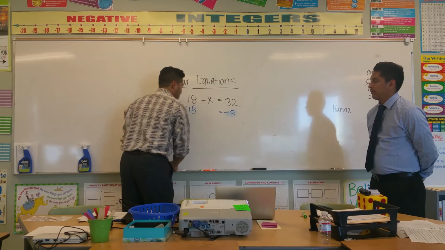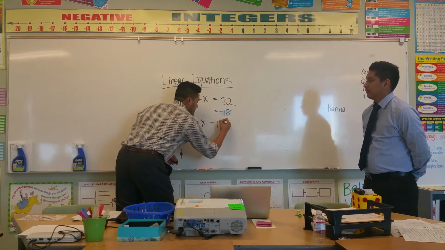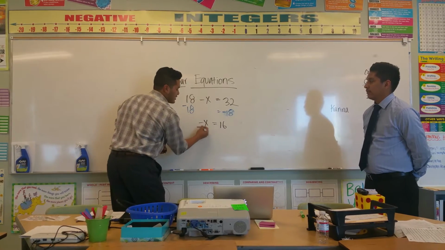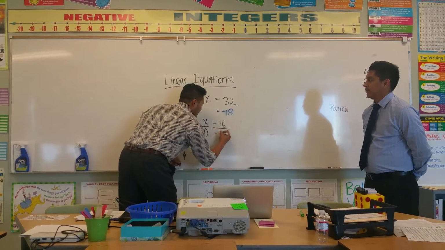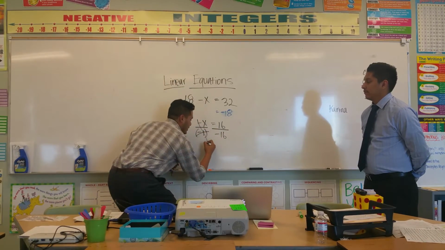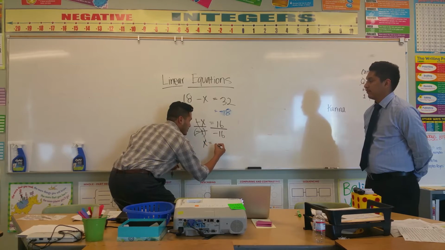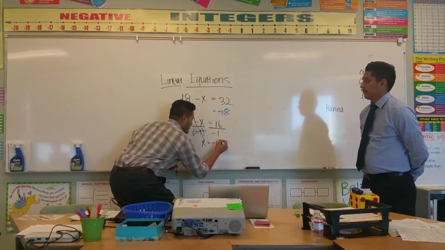And we should get, we don't lose our negative, negative x equal to 16. You have to get rid of this negative, so we can divide by -1. These two cancel out, and we end up with x is equal to -16.